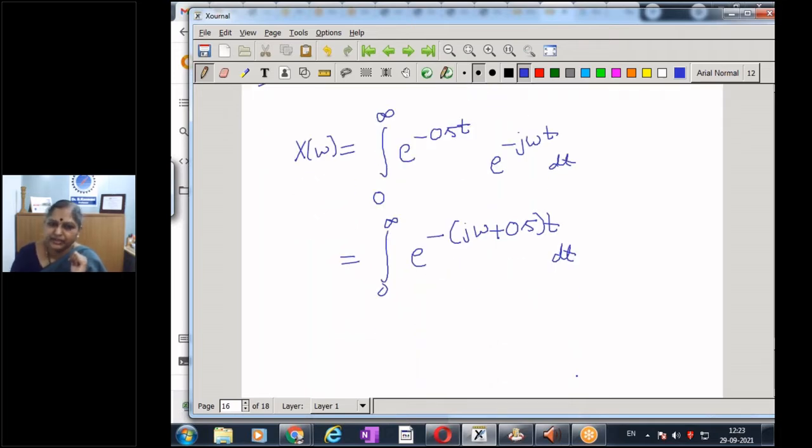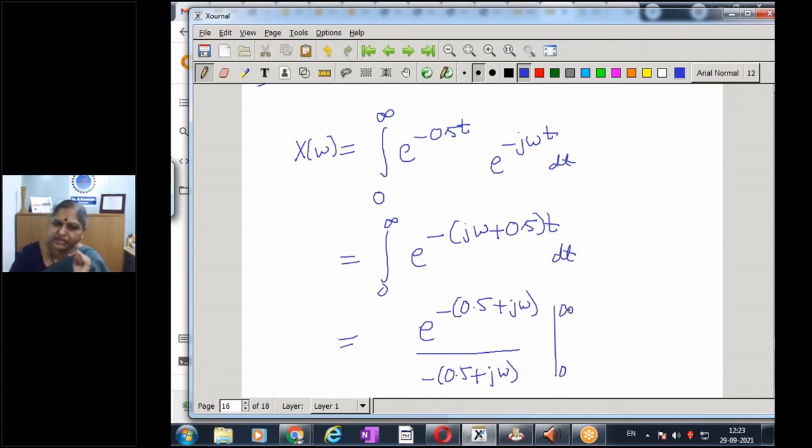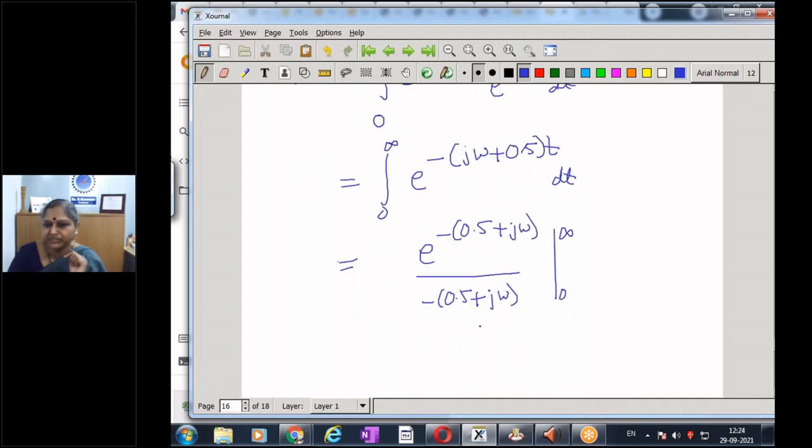If I integrate and substitute the limits, this is e to the power of minus (0.5 plus j omega) t divided by minus (0.5 plus j omega), with limits 0 to infinity. So e to the power of minus infinity is 0, the minus sign goes, and what I have is 1 by 0.5 plus j omega.